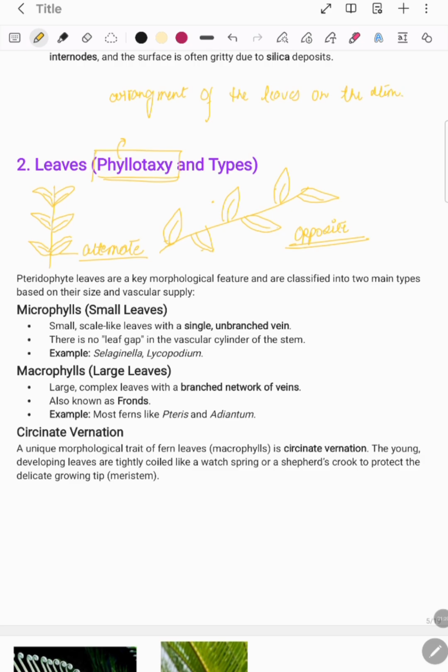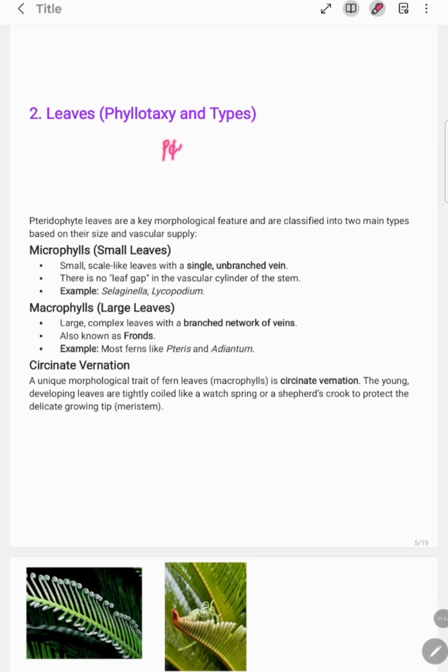Okay, now we are going to understand about the leaves which are found in the pteridophytes. See, pteridophyte leaves are a key morphological feature. Why we are saying that the leaves are a key morphological feature, we'll discuss it now. They are classified into two types based on their size and vasculature supply.